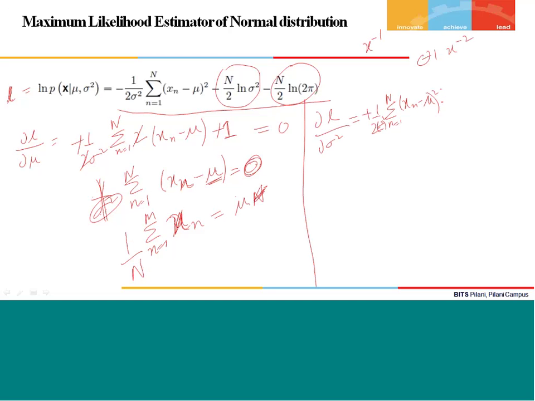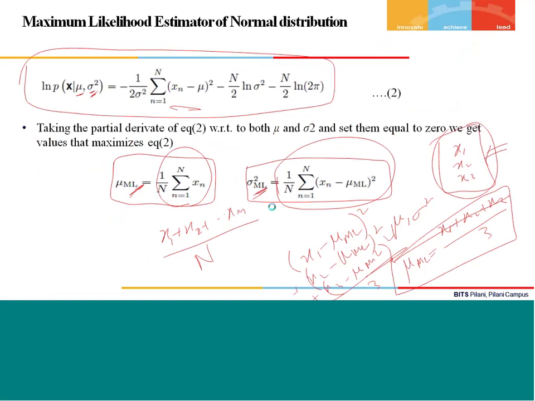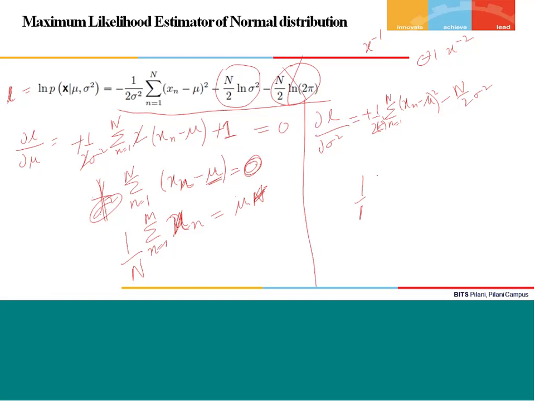And here, minus n by 2 log of x, the derivative of log x is 1 by x, so it will get 1 by sigma square. This third term becomes 0 because it doesn't have any sigma square. When you solve it, you will get the same expression: 1 upon n, sum from n equals 1 to n of x n minus mu ML square.